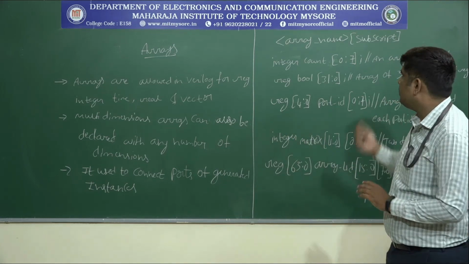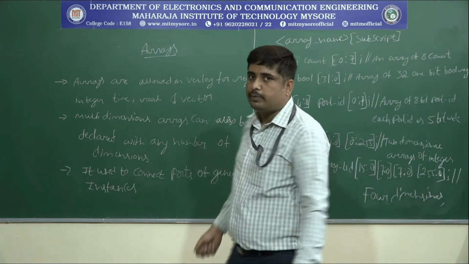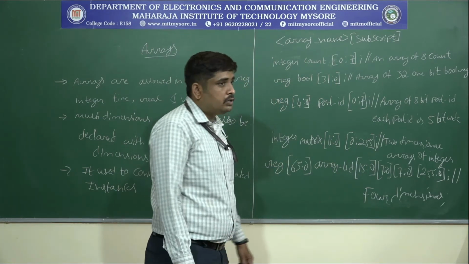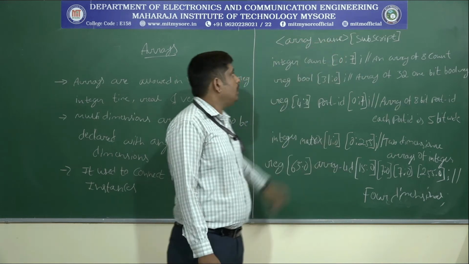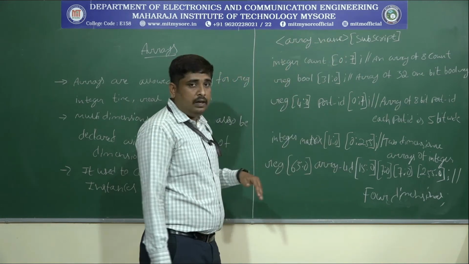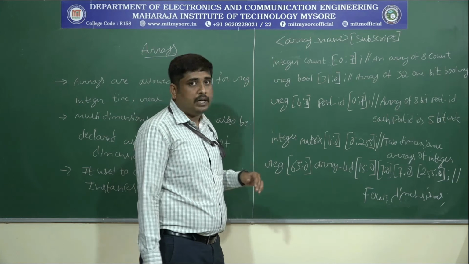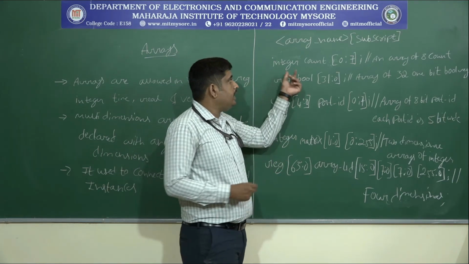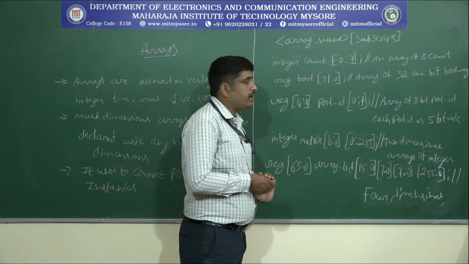Let us take some examples and the syntax with respect to arrays. Here array_name, then subscript. This is the syntax. Array_name may be any name, then the subscript we write in square brackets. First example: integer count 0 to 7.